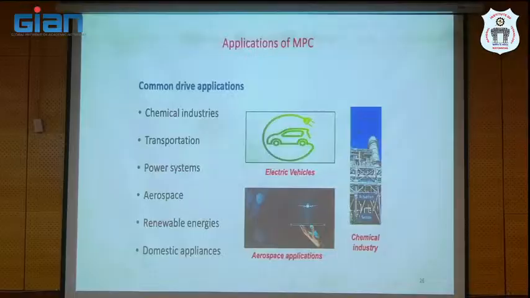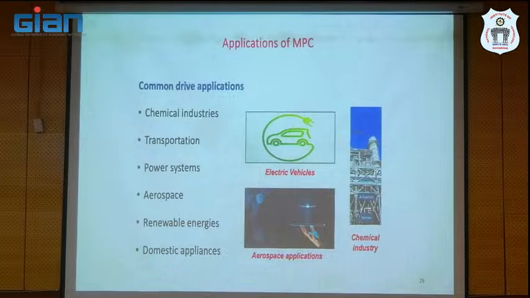For drives applications, if you know how the system responds after 1 instant or 2 instants, it is fine. In drives applications, we are taking only one sample ahead. The horizon of the prediction is only the k plus 1 instant. But in the chemical industry, they take k plus n samples and predict the system response at the k plus n sample. A longer prediction period is required for the chemical industry.